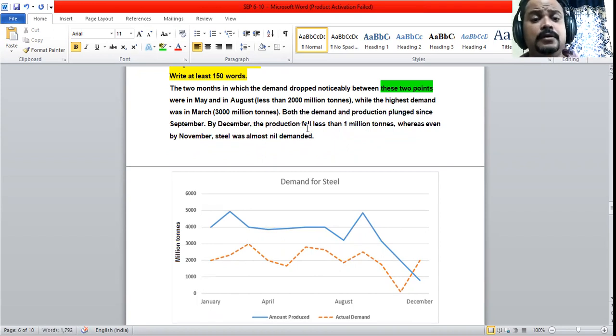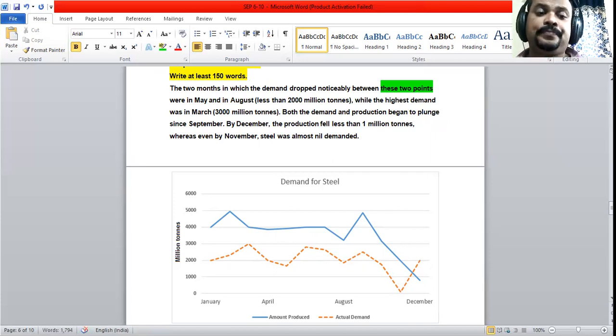Now, both the demand and production plunged since September. Now I have to say they began to plunge. So both the demand and the production, it is understood that we are producing and the demand is of steel. So both the demand and production began to plunge since September. So by December, the production fell to less than 1 million tons.